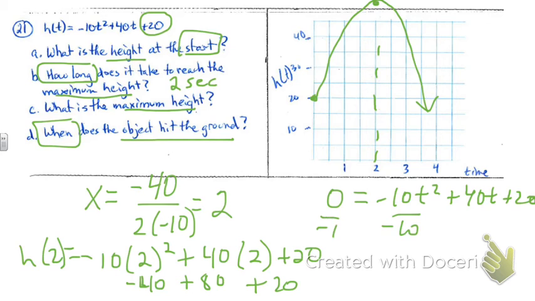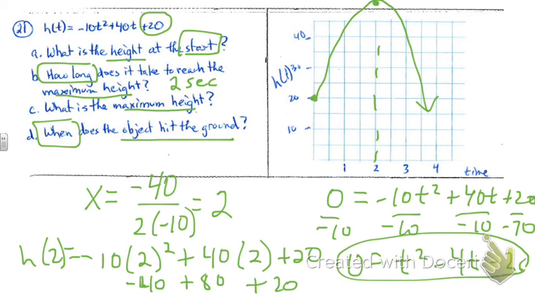I'm going to divide everything by negative 10 just to make my answer a little bit nicer. I still have 0, and I have t squared minus 4t minus 2. So that's my equation when I simplify it.